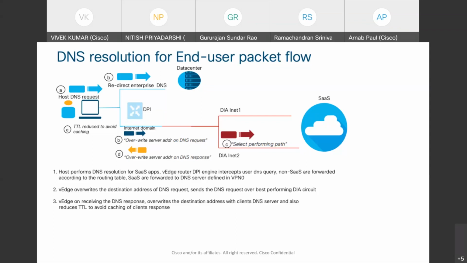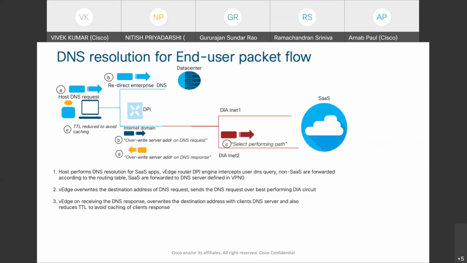So the DNS query comes, in the B section, to our VH and CH router, and the router takes that host DNS query. First it checks with the DPI whether it is for a SaaS application or some other application.